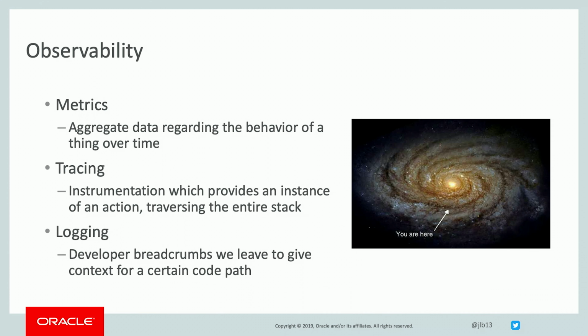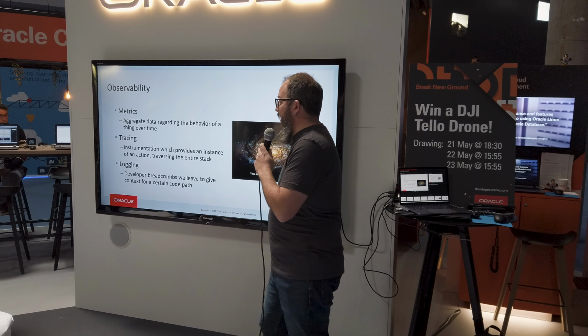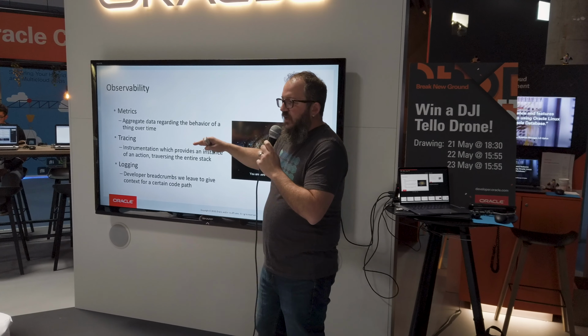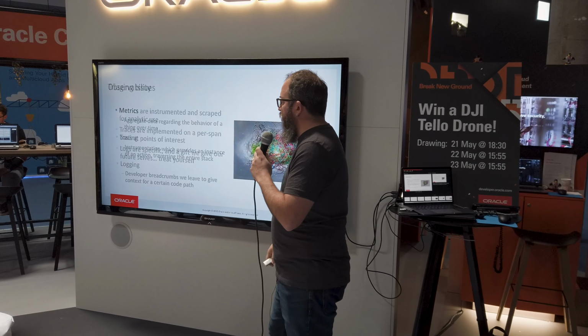Metrics, the aggregate data that shows your system's performance over time and how it behaves. Tracing, the data about one instance of traversing your stack. And logs, which give you specific breadcrumbs on the trail to sorting out what issues you're having. These three combine to give us what we call observability.